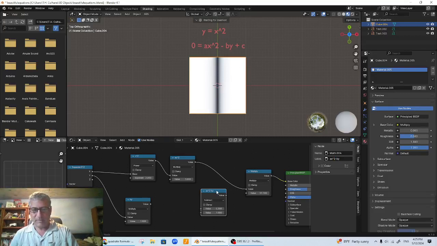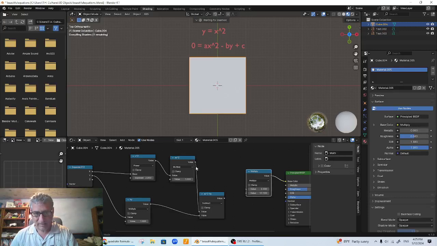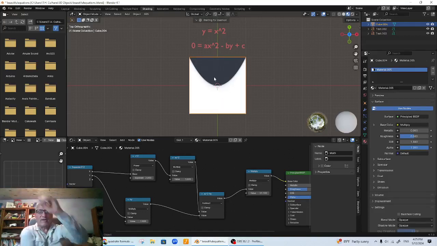We're going to try to observe this formula by saying that y is going to be subtracted from this ax squared. Got to break this chain, and then bring this up, and lo and behold, we have a parabola.